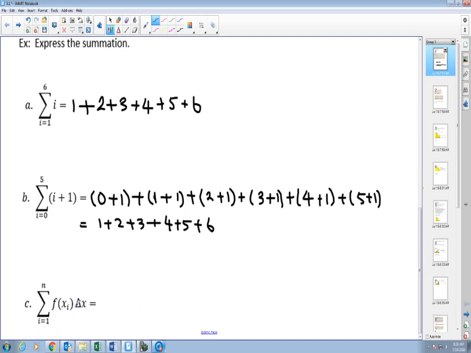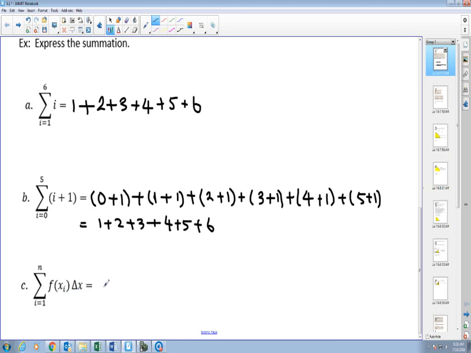I'm going to write out this one. This one is a little bit funnier, but it is a very important expression. We're going to see a lot of it in a minute. Start out with i equals 1, all the way to n. I need to add up the sum of f of x sub i times delta x.